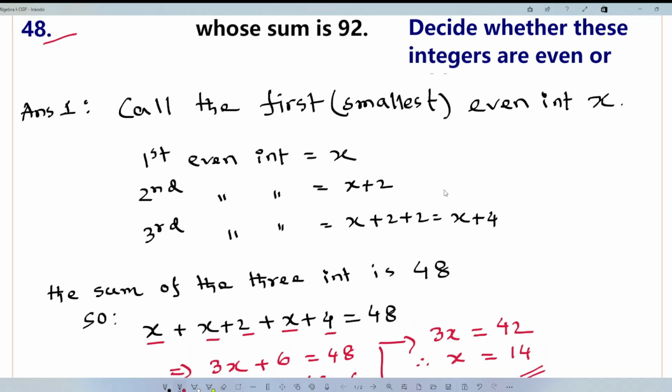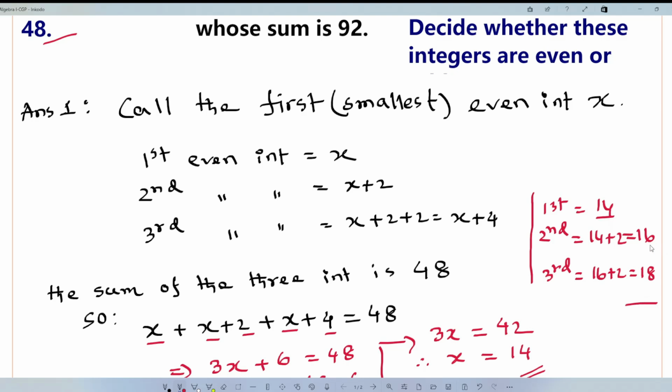Now look, first 14, second 14 plus 2, it means 16, third 16 plus 2, it means 18. Now look, 14 plus 16 is 30, 30 plus 18 is 48.